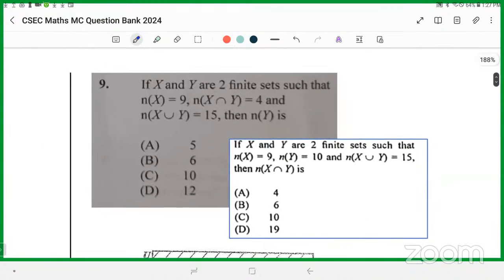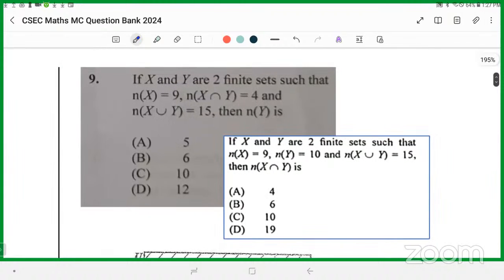Here's another question. X and Y are finite sets, such that the number in X is 9, the number in the intersection is 4, the number in the union is 15. They want the number in Y. So you're saying 9 plus the number in Y must equal the number in the intersection, which is 4, plus the number in the union, which is 15.